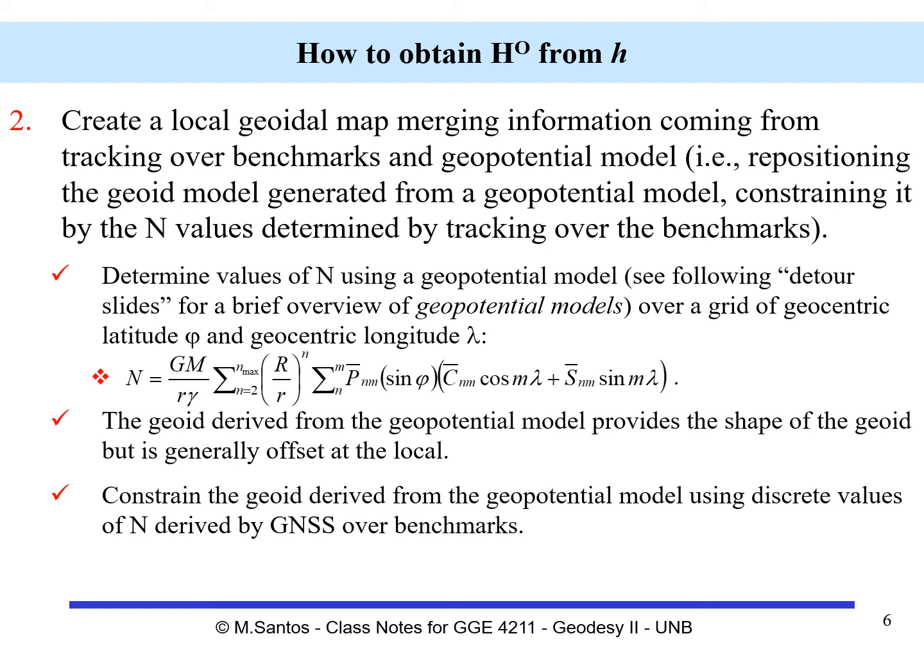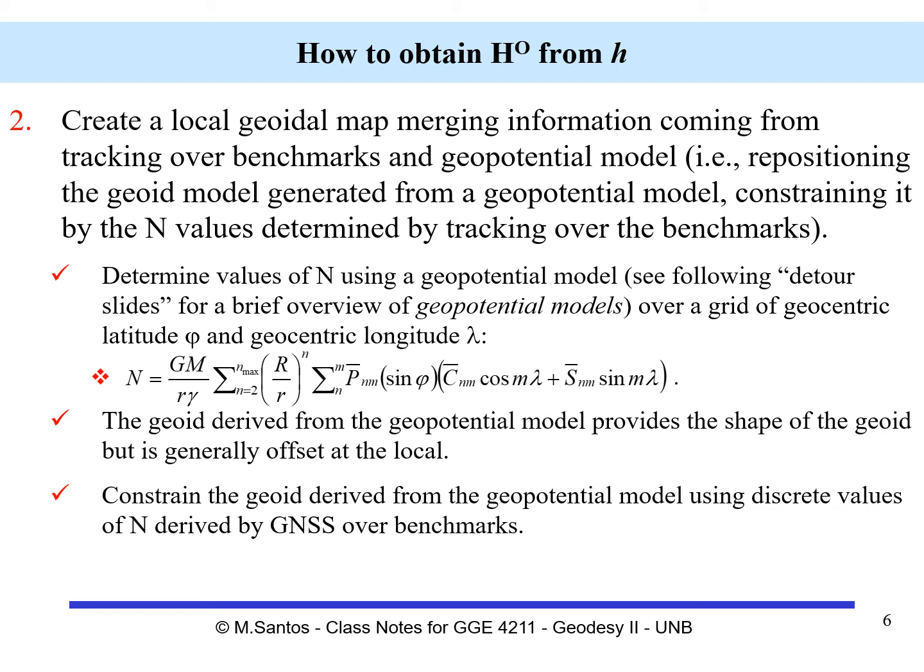So we will have a grid defined by geocentric latitude and geocentric longitude, phi and lambda. And here we have the equation that is applied, and this equation is a function of coefficients that are part of a geopotential model.